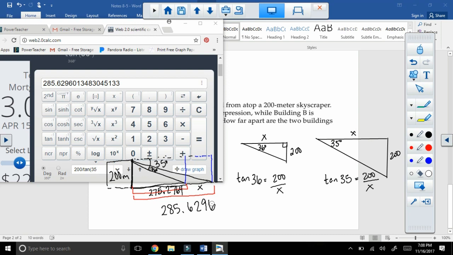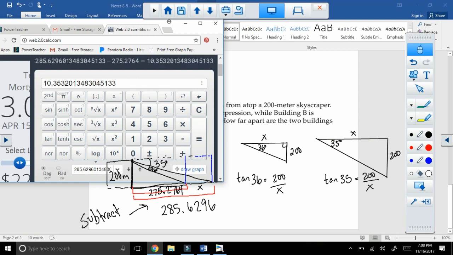What I'm going to end up doing then to just find this distance in between here is just subtracting these two numbers. So you can just make a little note to yourself, we need to subtract these. So let me go back to my calculator, I'm going to subtract 275.2764, and the answer is about 10.4 meters.